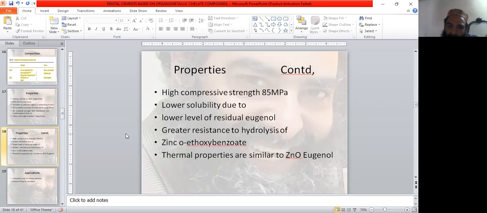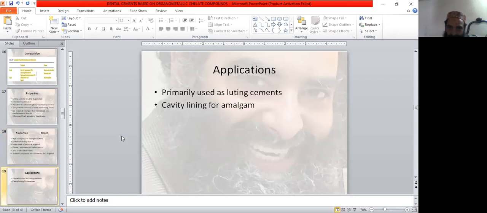Lower solubility due to the lower level of residual eugenol, because we have used less eugenol, so lower will be the residue. Greater resistance to hydrolysis of zinc orthoethoxybenzoate, and the thermal properties are similar to the zinc oxide eugenol.